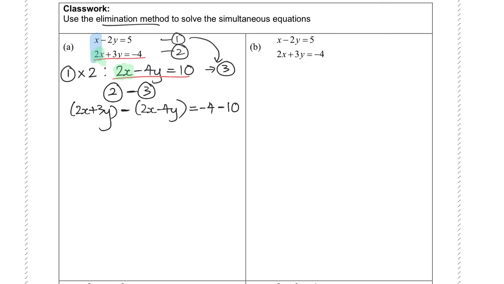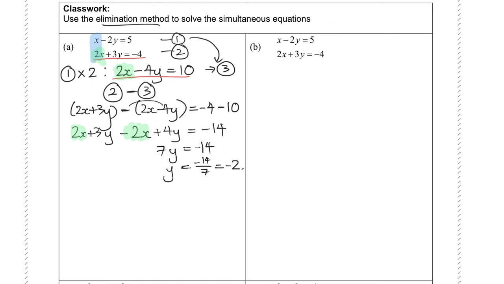Okay, now simplify these terms to get 2x plus 3y minus 2x, and yes, positive plus 4y, I mean, equals to negative 14. So you can see how the x values get eliminated. And I'm left with 7y is negative 14, and therefore y is, very good, negative 2.